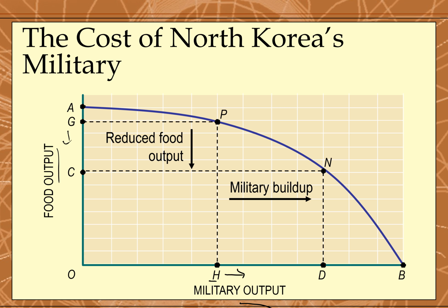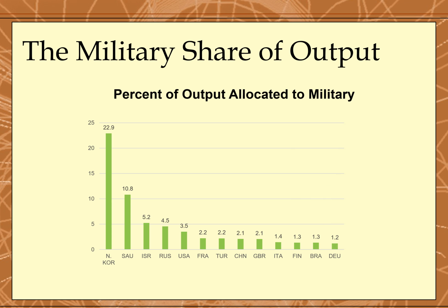To a certain degree, that's true for the United States, but not to the degree with North Korea. And one way of looking at opportunity costs when it comes to military spending is looking at your military spending as a percentage of your economy.